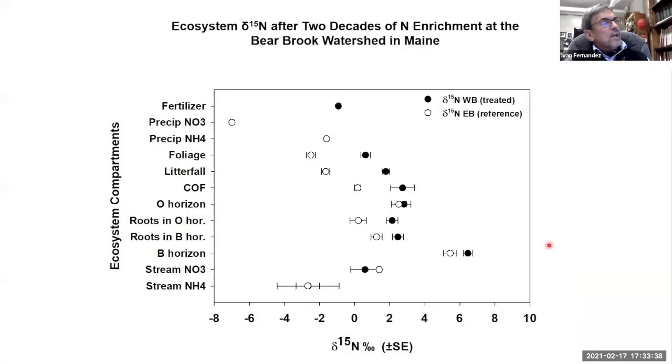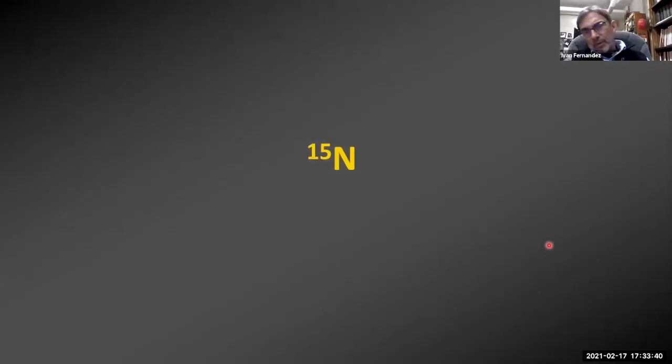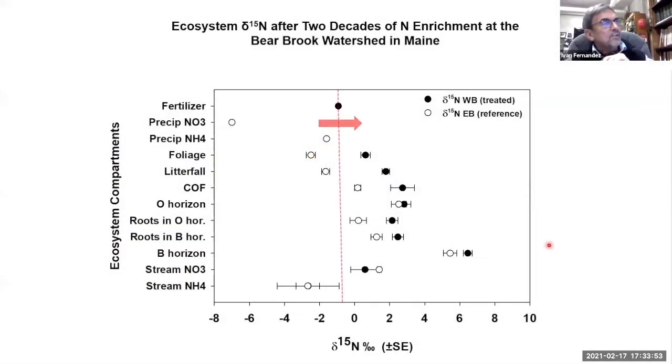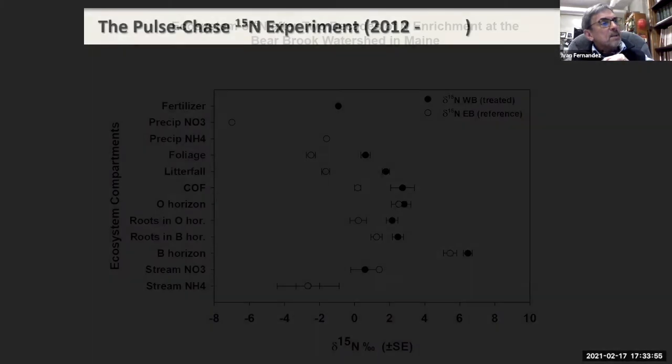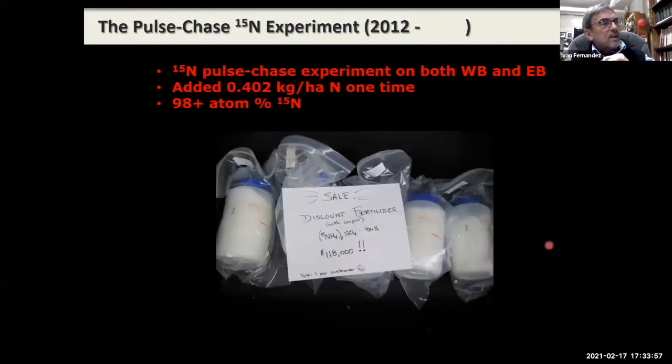We did a stable isotope experiment where we treated the entire watershed system with 15N. That's natural, not radioactive, but we can track that nitrogen through the ecosystem. It's expensive.